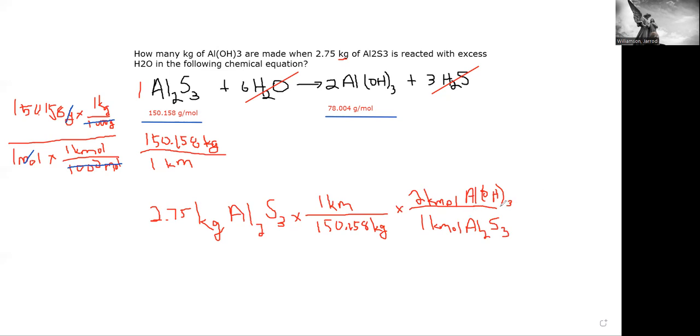So you end up with the same ratio, because to turn the moles of Al(OH)3 into kilomoles, I divide by 1,000, but I divide by 1,000 down here too, just like over here. And so that works.